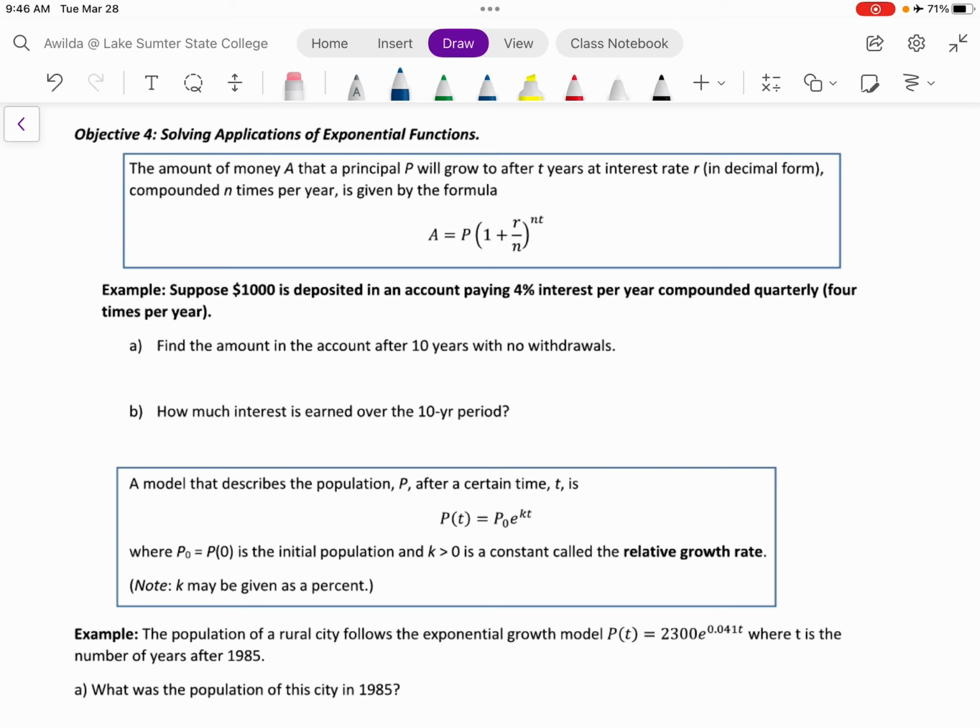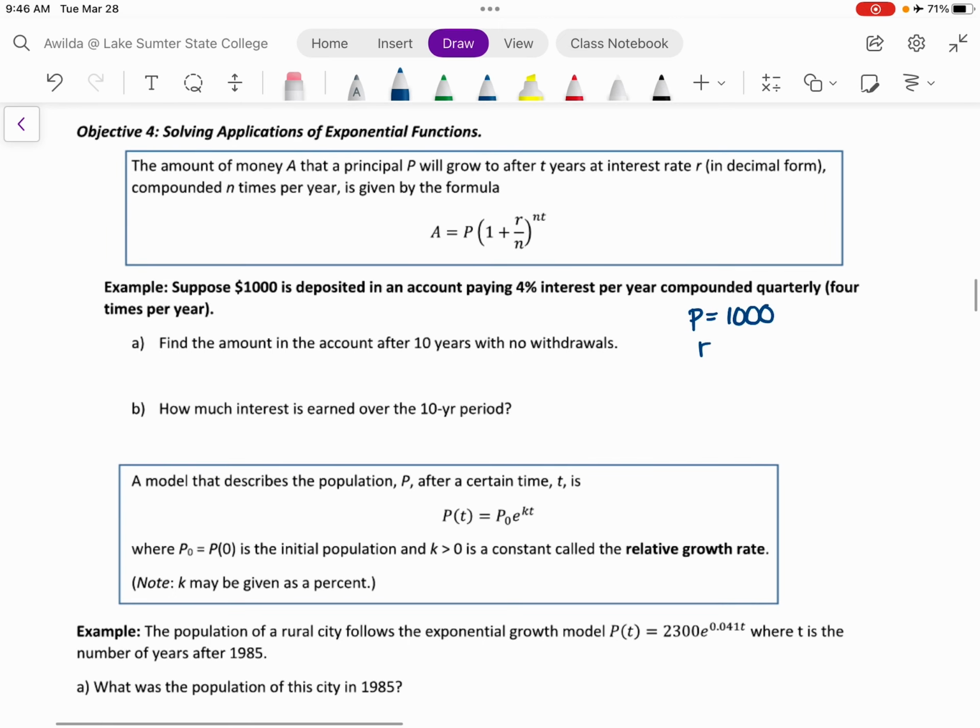So first we have that P is equal to 1,000 because that was the original deposited amount. That is the principal. We see that there is an interest rate of 4%, which we will write as 0.04 in its decimal form. Because the interest is compounded quarterly, 4 times per year, N will equal 4. And we are letting the money grow over 10 years, so T will equal 10.